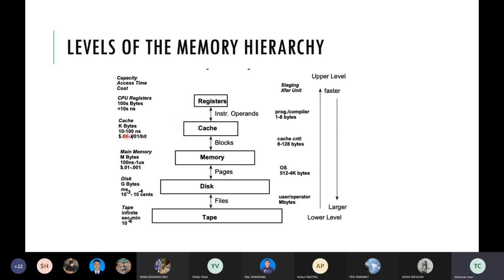Cache speed is about 10 to 100 nanoseconds. Then memory is about 100 nanoseconds to 1 millisecond, then the disk and then the tape. Comparing speed and size here is just evidence to show which one is faster and which one is slower.